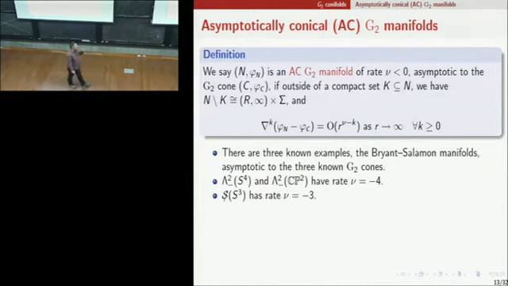There are three known examples of asymptotically conical G2 manifolds. It's possible, I think, that the physicists have found more; I haven't kept up completely with those papers. The Bryant-Salamon manifolds, which were independently discovered by Gibbons, Page, and Pope, are asymptotically conical. Two of these examples have rate -4, and this one has rate -3.